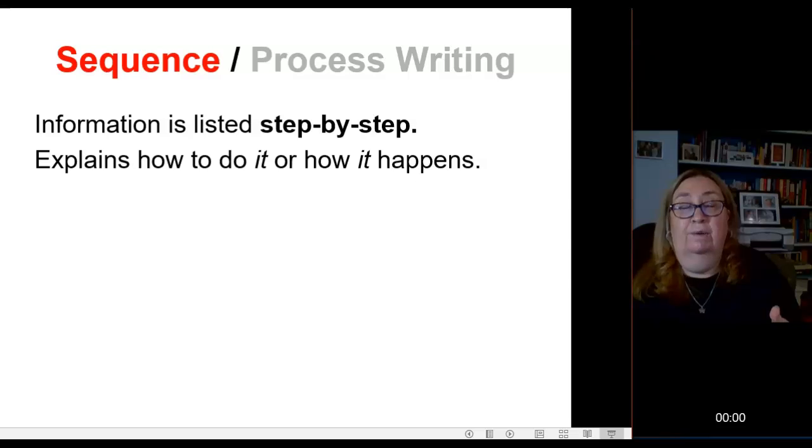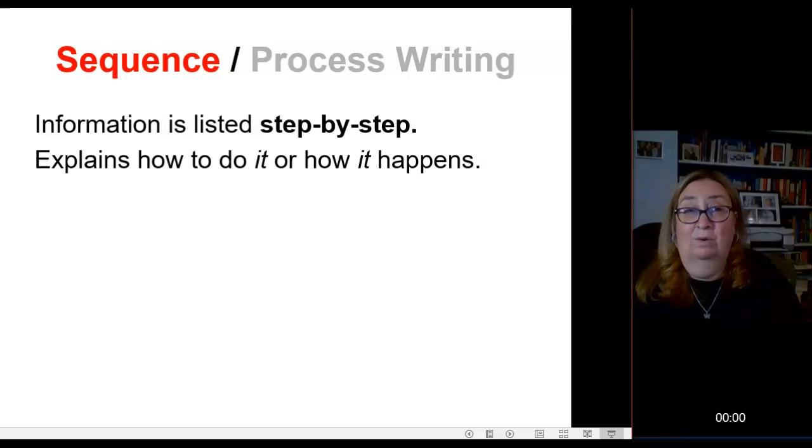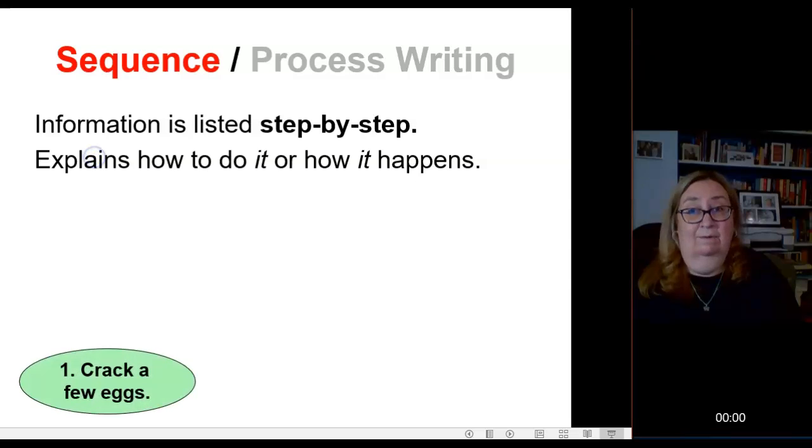Or if you're completing a science experiment, you're given steps to know what you need to do and in what order, and you better do them in that order, or sometimes dangerous things can happen if you do things out of order. So those are two more places we might see sequence writing.